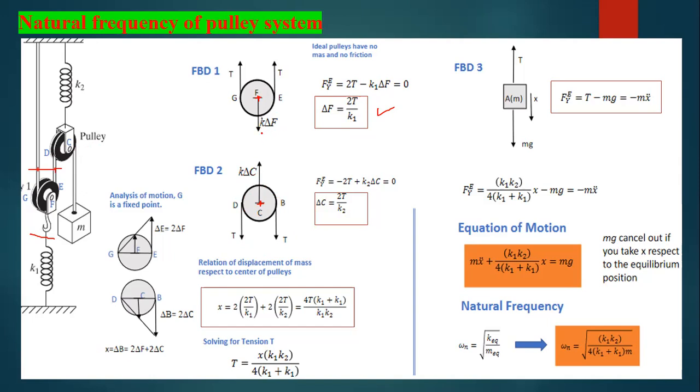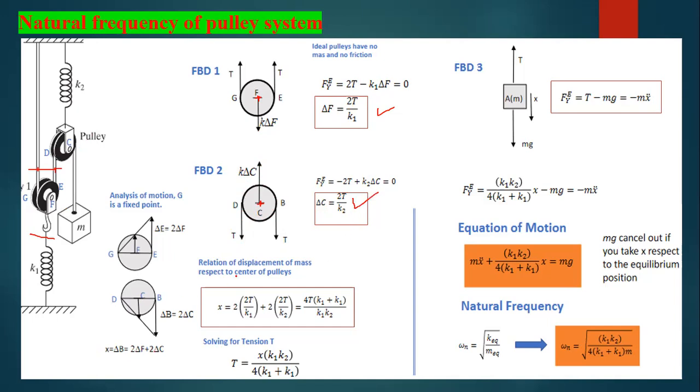This delta F means the deflection at point F. So K delta C is equivalent to T1 plus T2, both in the minus. Then delta C is equal to 2T over K2. Delta F is equal to this. This is the second equation.